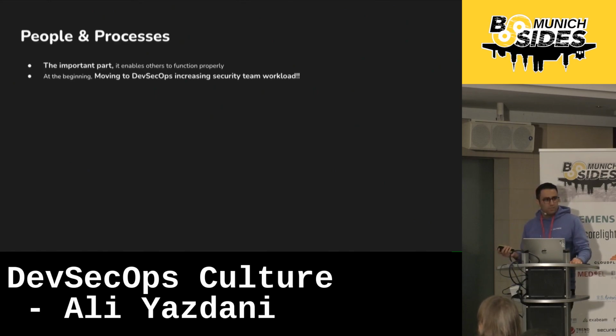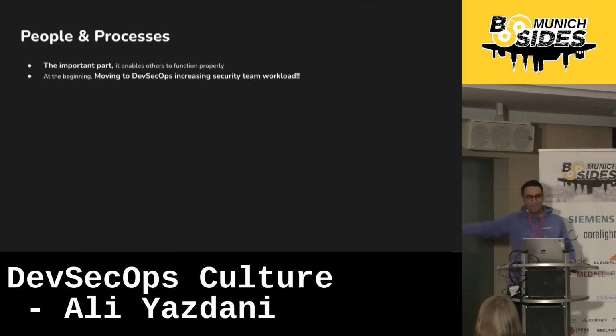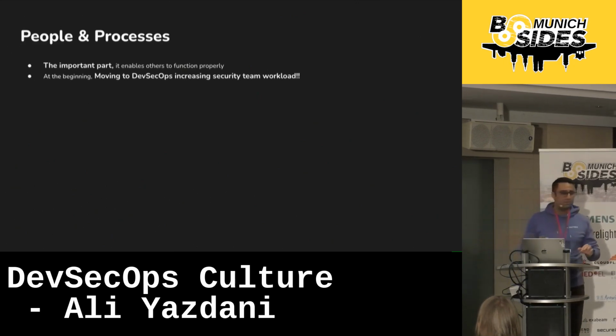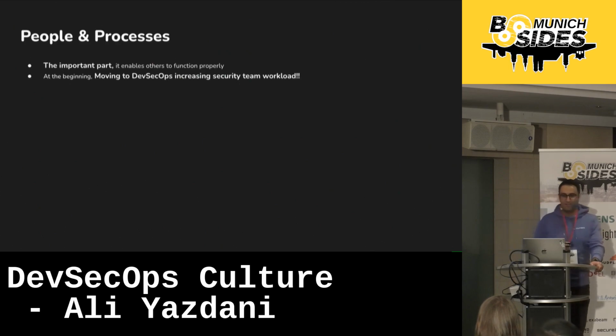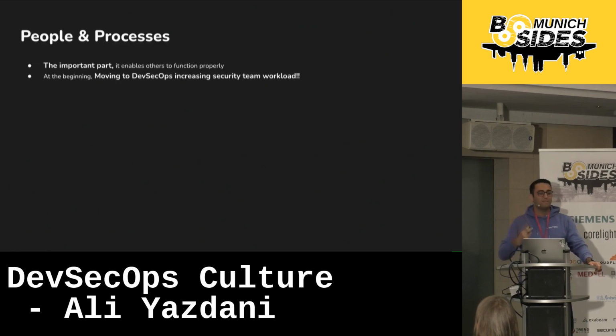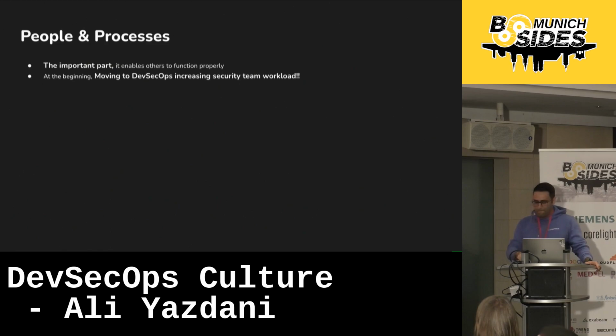And it's really a fact that at the beginning of implementing DevSecOps, since we have to take care of the right side, and on the other side we have to think about the left side, we have more workload for the security team. But the good news is, please don't complain about that, because life will go back to normal, and you will have a really smooth stand-up in the morning after 2 or 3 months of hard work.